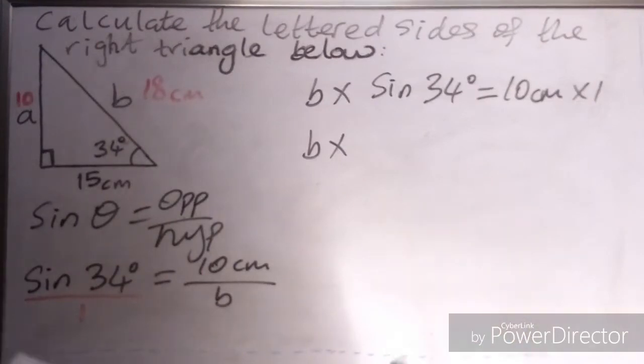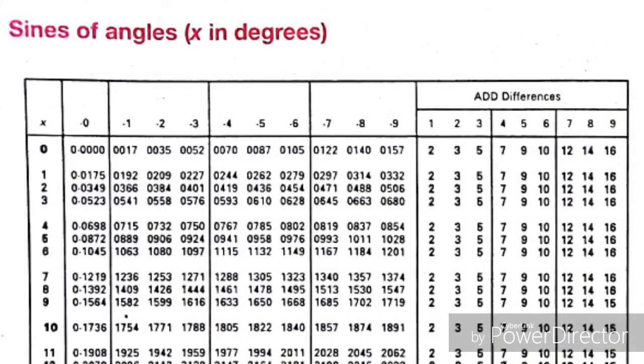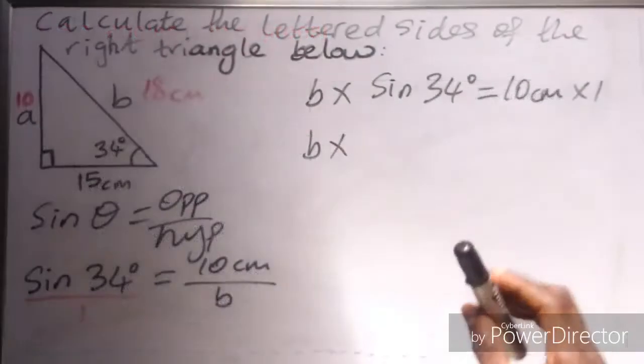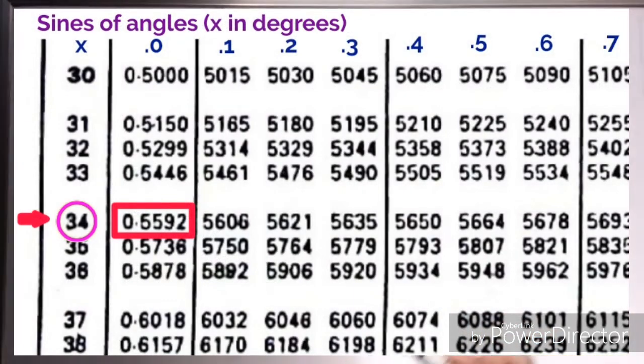Now we'll go back to our 4-figure table and get the value of sine 34 degrees. We simply go to sine of angles and go under the column marked X, which represents the size of the angles. Then we'll move down to where we have 34, and then move to the right of 34 under the column where we have 0.0.